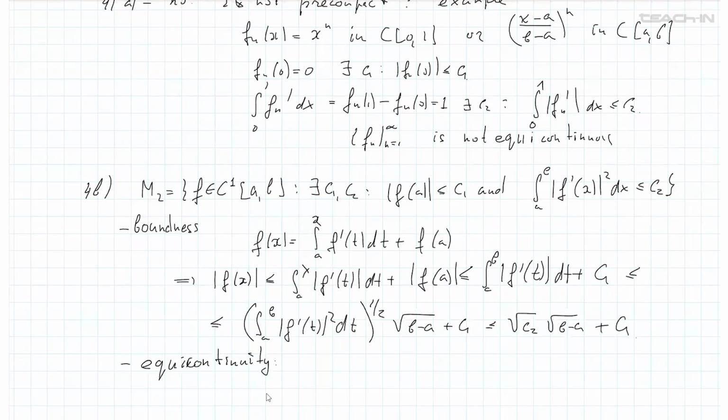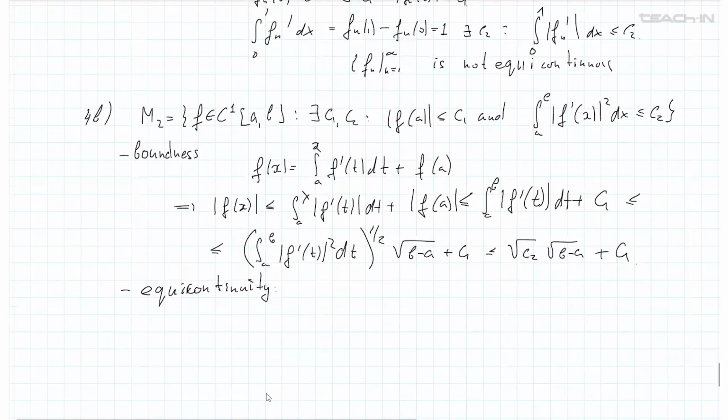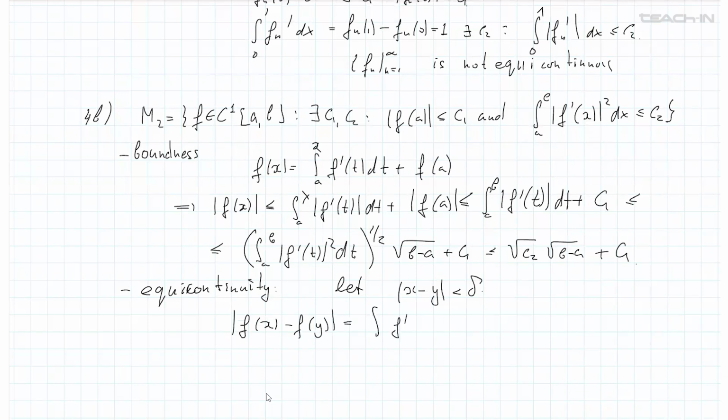Equicontinuity. Let |x − y| be less than delta. We know that f(x) minus f(y) equals the integral of f'(t) dt from y to x. I don't know the order of x and y, so I must write the absolute values.